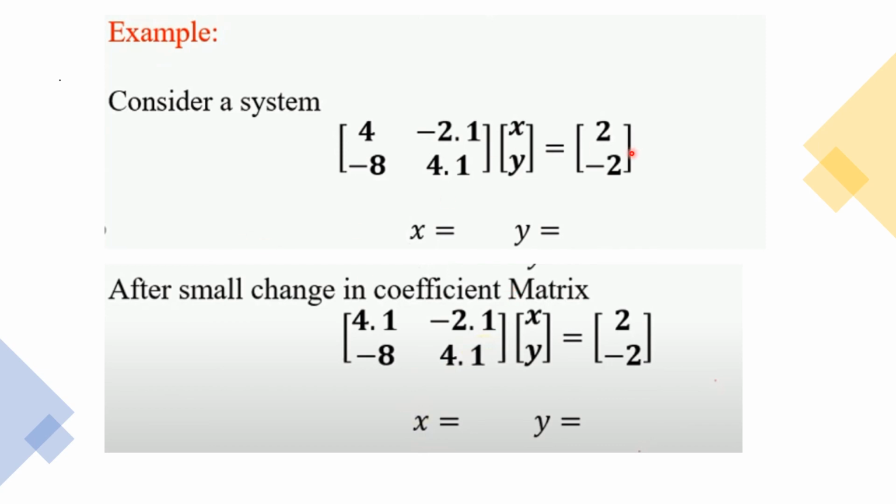And this time, let's have a small change in the coefficient matrix. Now, we have 4.1. Just 0.1. And the rest of the values are the same.